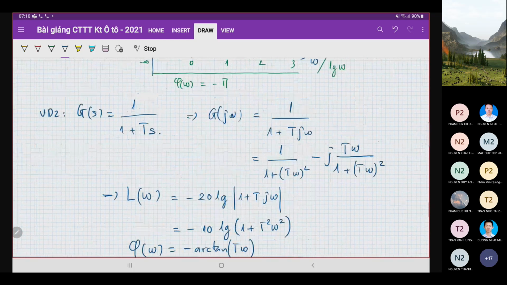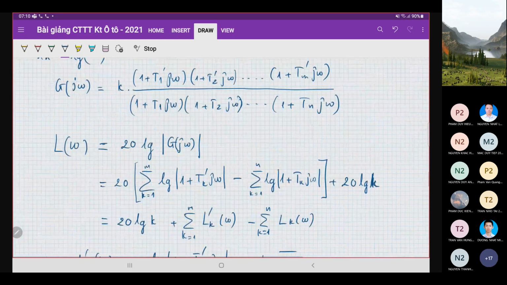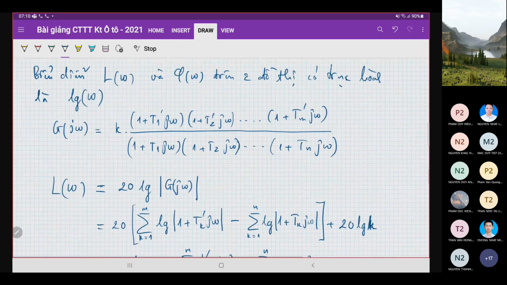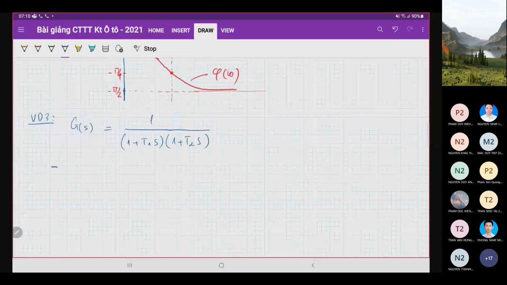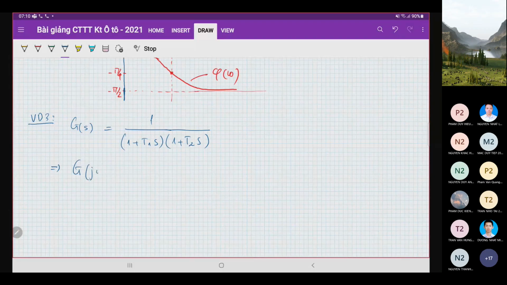And we see here, last week we already said that this G(jω) will be built up using this form. That means G(jω) will be equal to 1 over (1 plus T1 jω)(1 plus T2 jω).